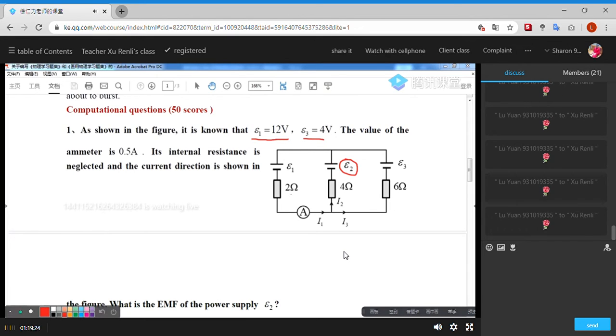And the resistors are given as 2, 4, 6. Also the current through the ammeter is 0.5, and the direction is shown in the figure as from left to right. What's the EMF 2?